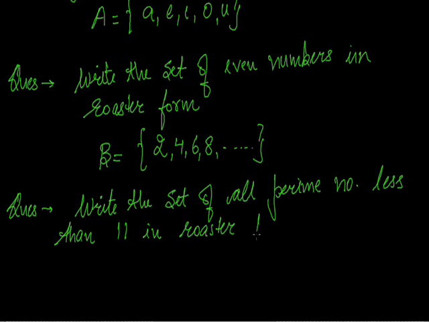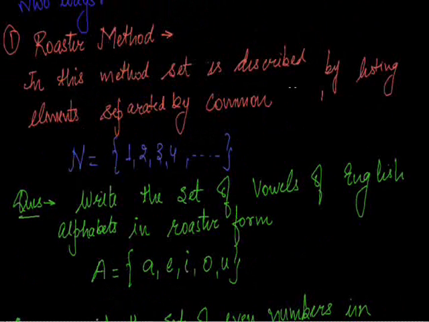Let it be denoted by C or anything. So the set will be 2, 3, 5, 7. As we have to write the prime numbers less than 11, 13 will not be included. We write only 2, 3, 5 and 7. Okay, this is the first method, that is the roster method.